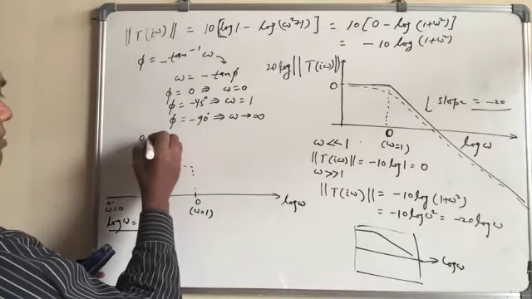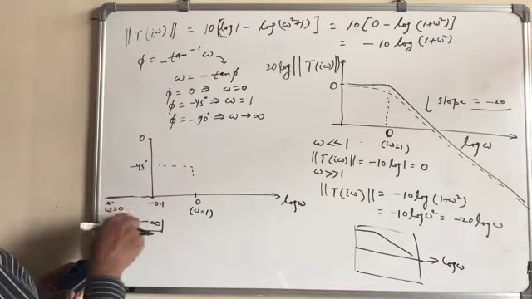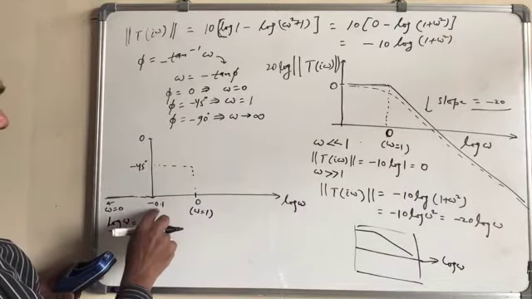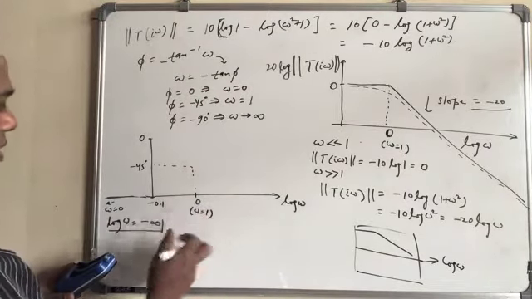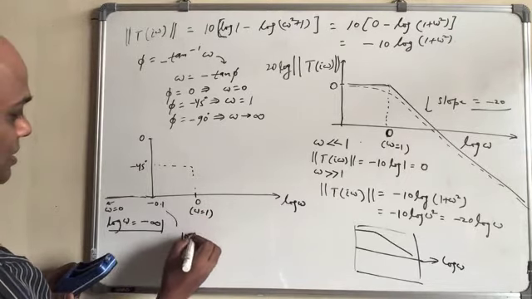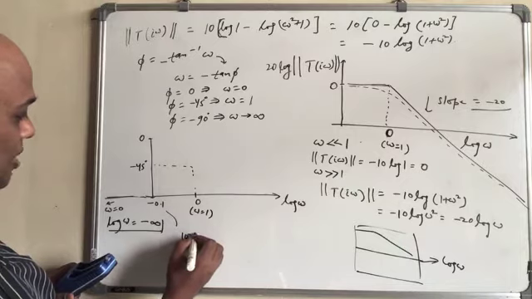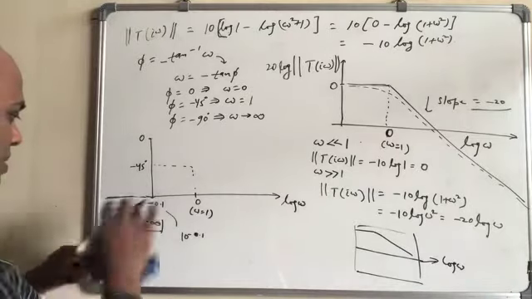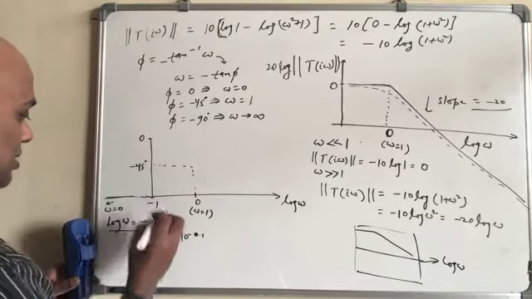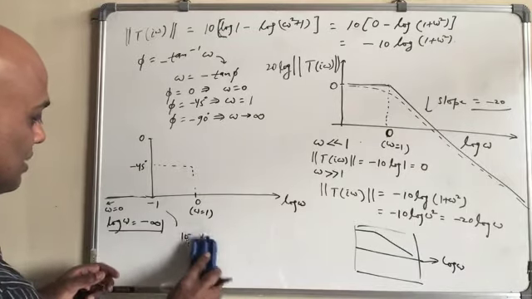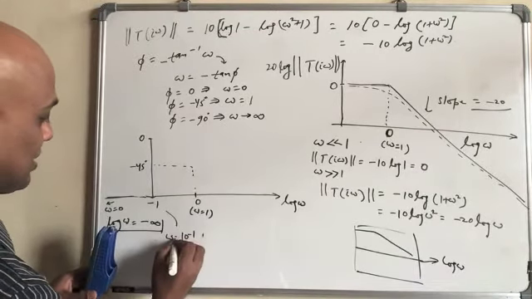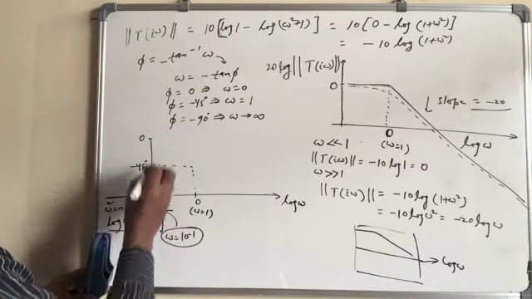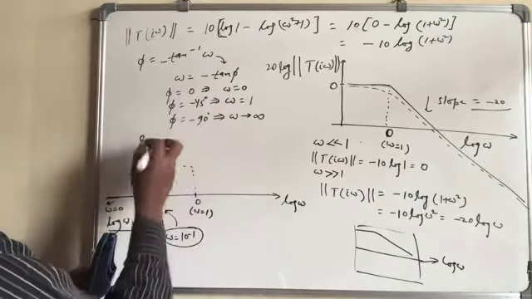Here this will not be exactly 0, because phi equal to 0 when omega equal to 0, but in this case it is log omega, so basically we are saying 10 to the power minus 1. So let's call it minus 1 only, 10 to the power minus 1. At this point the phi will be very close to 0, but not exactly 0.